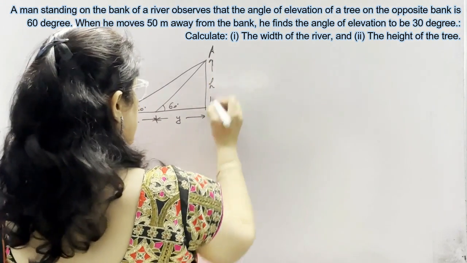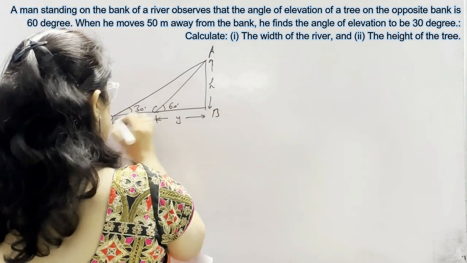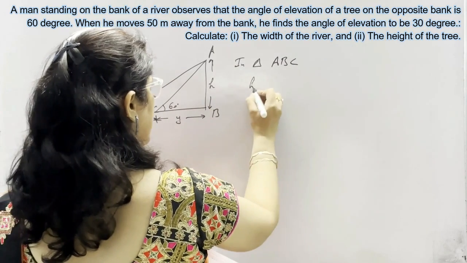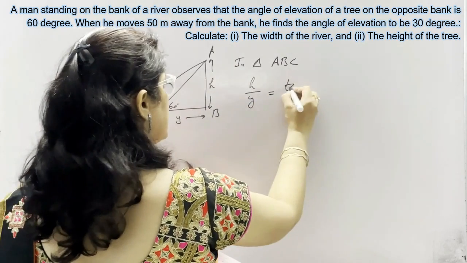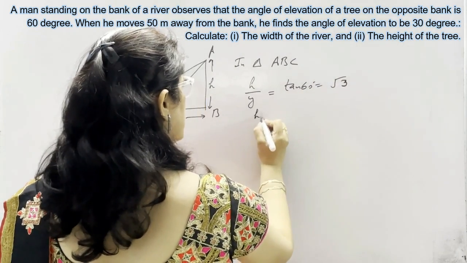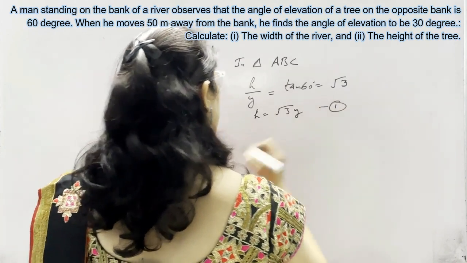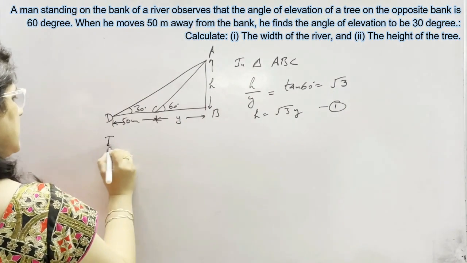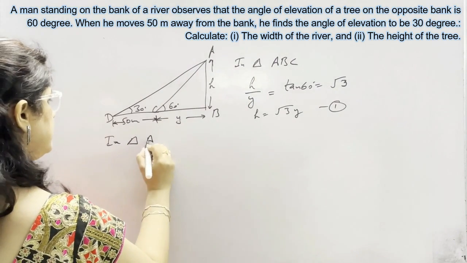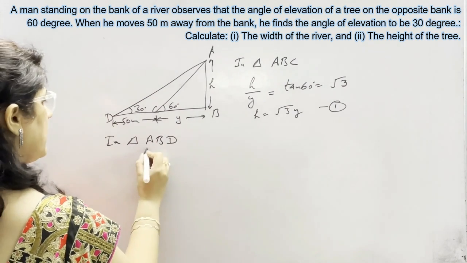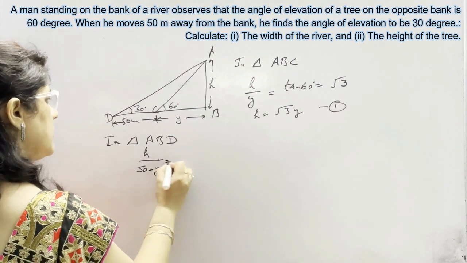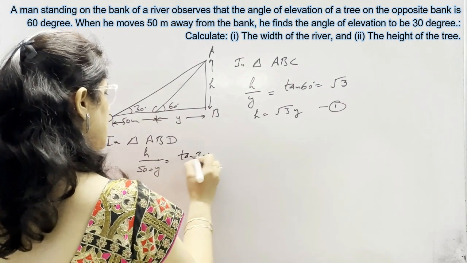So first we are going to take triangles A, B, C and D. In triangle ABC, h upon y is tan 60, and the value is root 3. So h is equal to root 3 y. This is our first equation. In the second triangle ABD, h upon 50 plus y is equal to tan 30.